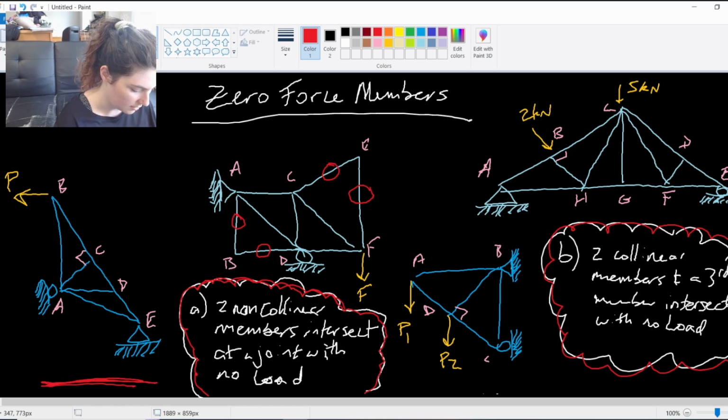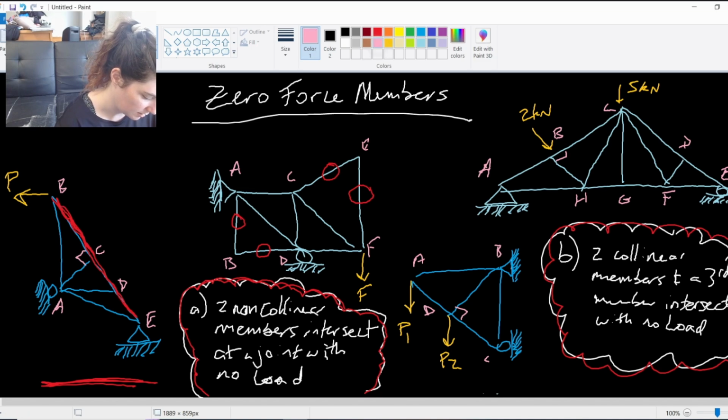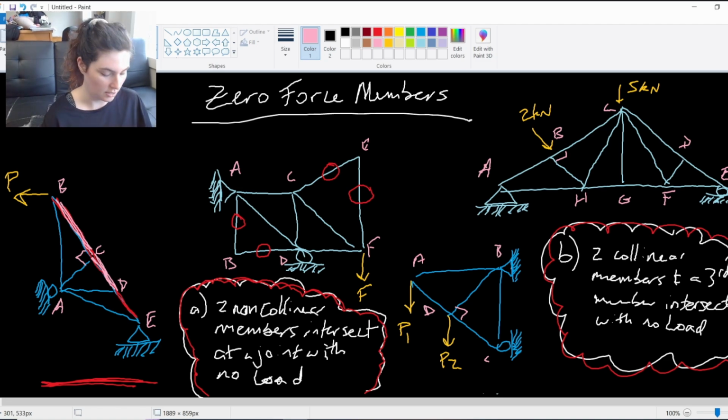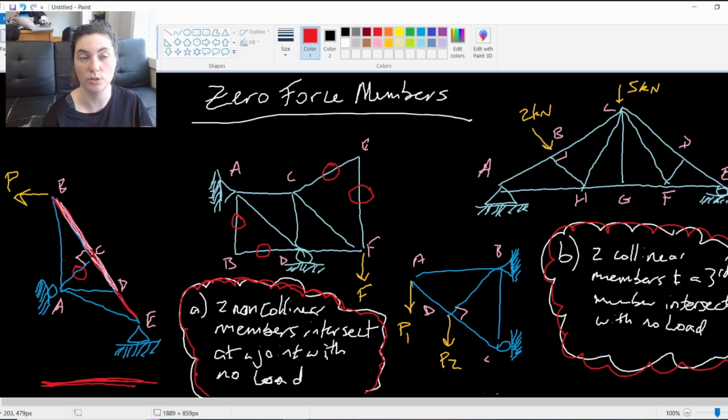If I look along this line from B to E, members BC and CD are collinear, right? BC falls right in line with CD, which means that AC, which tries to intersect them there, is a zero force member.